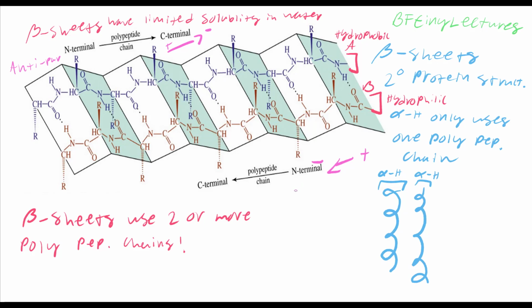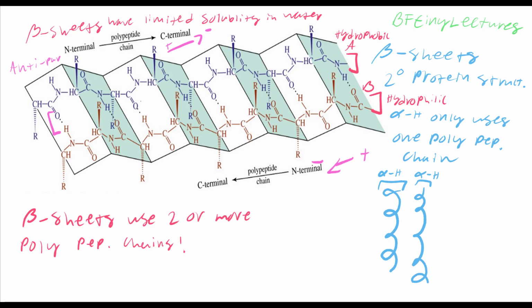Sometimes, if you're looking at a computer model, let's say you put up a Gaussian application on the computer in lab, and you don't know where the nitrogens are or where the carbons are, there is a trick to know if this is a parallel or antiparallel beta sheet. The trick is to look at the hydrogen bonds. Alpha helices and beta sheets utilize hydrogen bonds to form these structures.